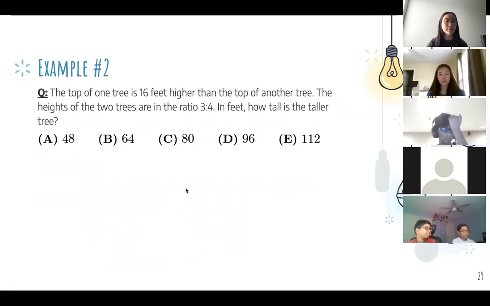All right, next example. The top of one tree is 16 feet higher than the top of another tree. The heights of the two trees are in the ratio 3 to 4. In feet, how tall is the taller tree?